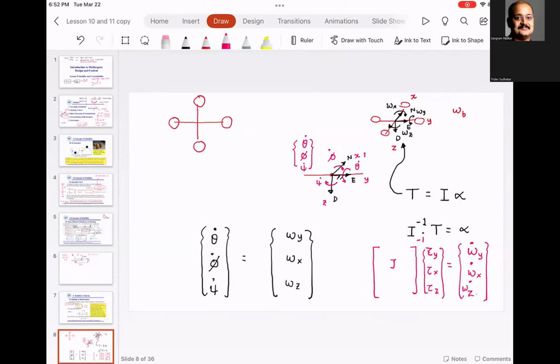Now, I also told you one more thing, that if J, mass moment of inertia, is about the center of gravity or the centroid, then this mass moment of inertia matrix is going to become a diagonal matrix. So off diagonal terms are going to be zero. Do you agree with me?